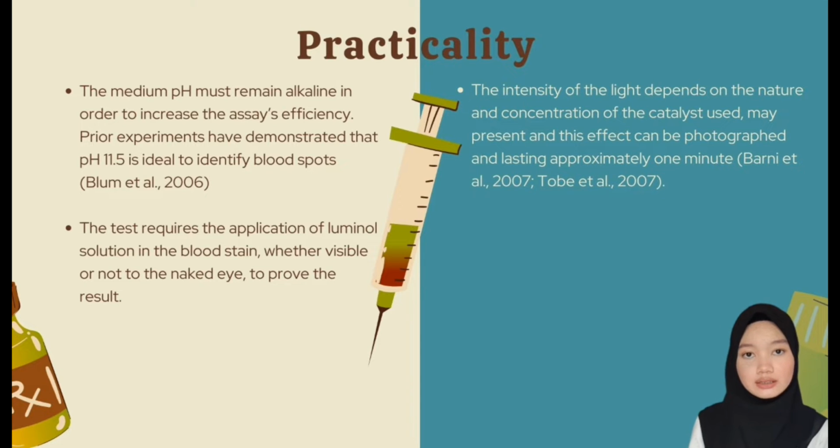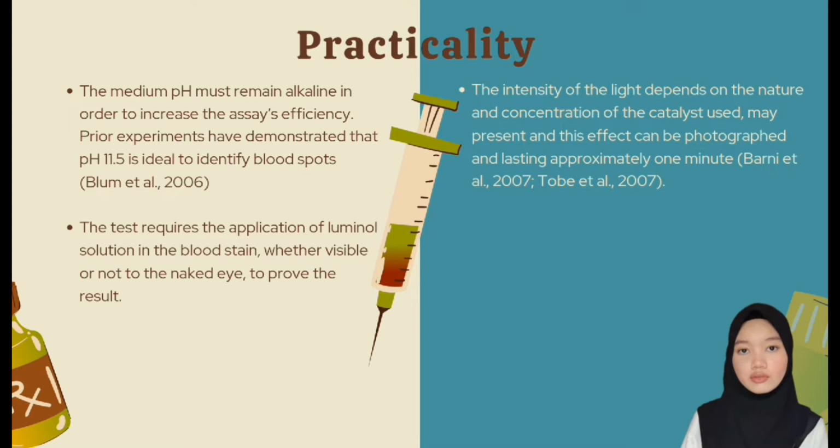The next aspect is the intensity of the light, which depends on the nature and concentration of the catalyst used. This effect can be photographed and lasts approximately 1 minute. Moreover, the test requires application of the luminol solution to the blood stain, whether visible or not to the naked eye, just to prove the results.